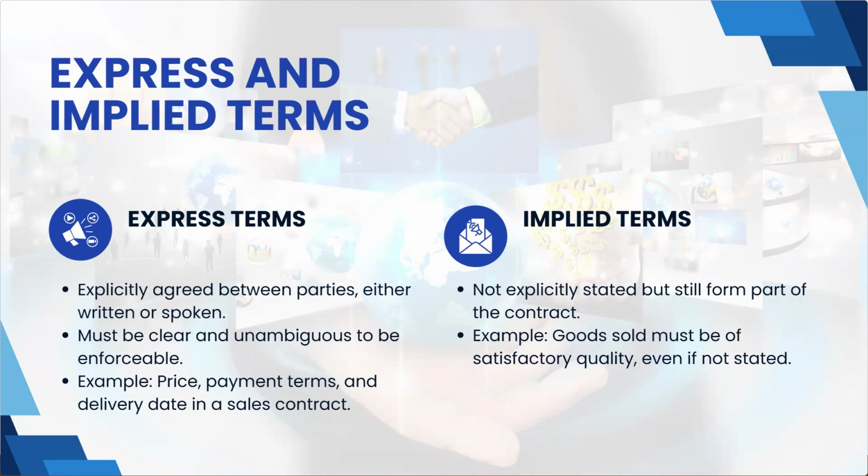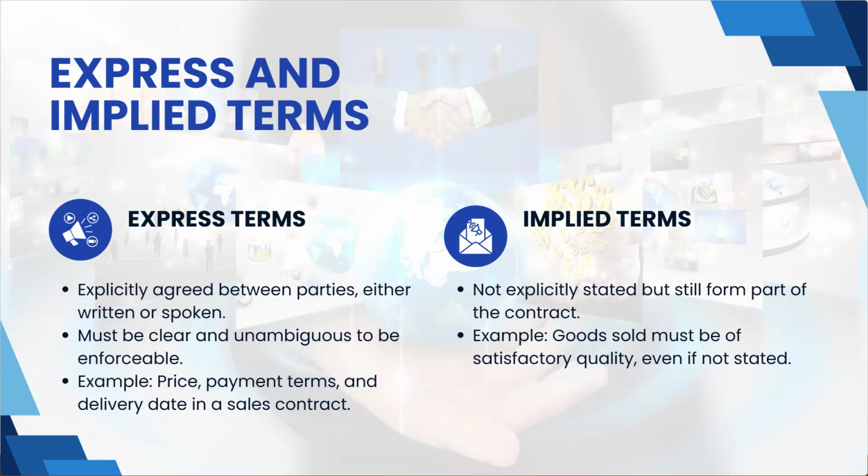Otherwise, implied terms are not stated in the contract, but they still form part of the contract. For example, when we purchase a good from the supermarket, it must still satisfy certain regulatory requirements, like having satisfactory quality.